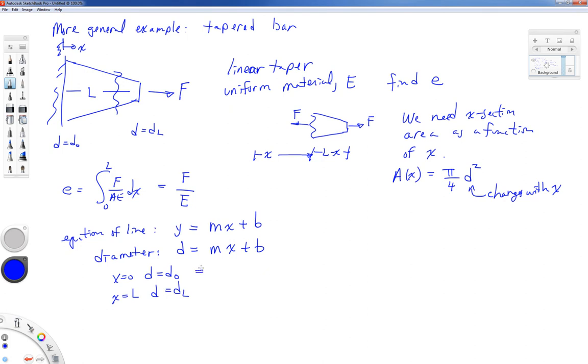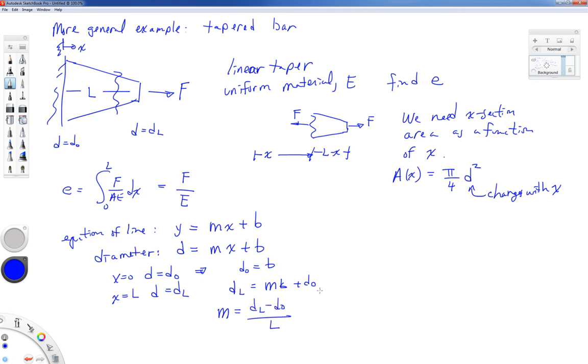When x is equal to 0, d naught is equal to our intercept. And in the second case, d sub L is equal to some unknown slope times the x distance, which would be L, plus the intercept, which is d naught. That means the slope is equal to d sub L minus d naught over the length of the bar.